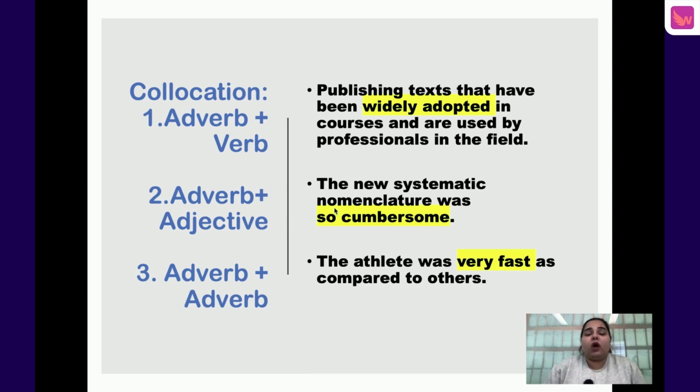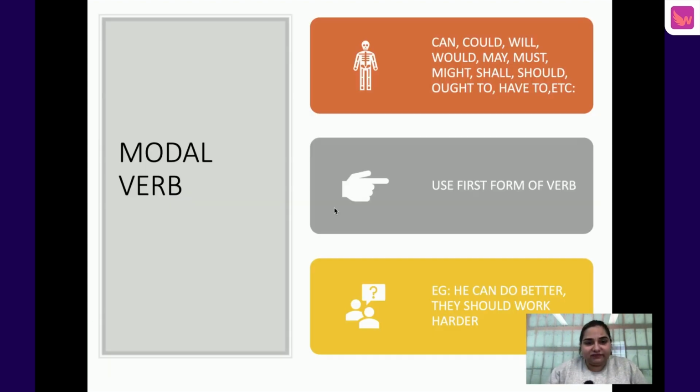That's the more common one that comes up in your test, and PTE is going to ask for it quite often. So it's like this: publishing texts that have been widely adopted. Widely adopted. So widely is an adverb, adopted is a verb. So this is the pair that comes up quite often that you should know in your test.